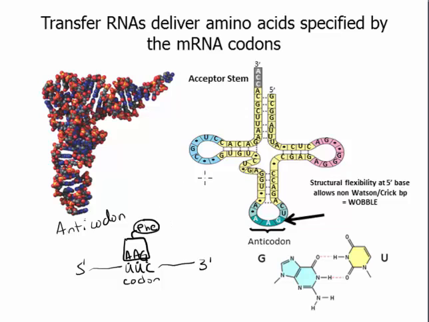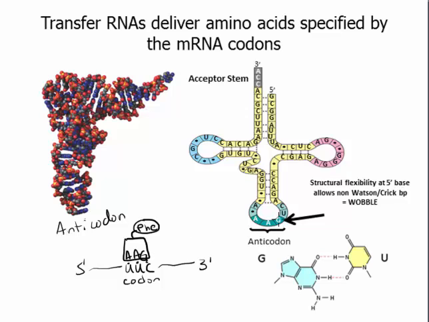And the reason is that there's some flexibility and promiscuity in the base pairing interactions that can form between the anticodon and the codon. And more specifically, in this third position interaction, right? The third position in the codon interacting with the corresponding position in the anticodon loop.